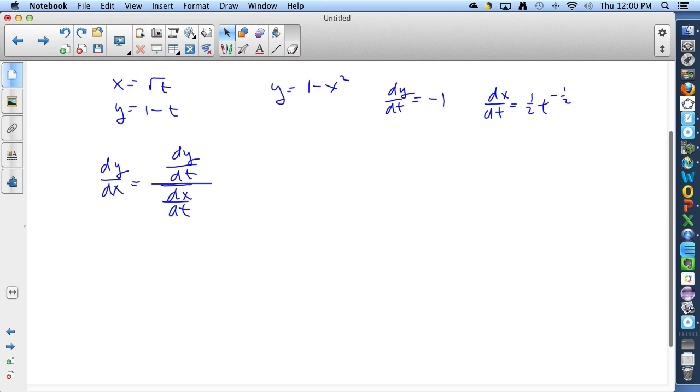So far, so good. Now, I could write that like this. They mean the same thing, because that's what this is, an operator.